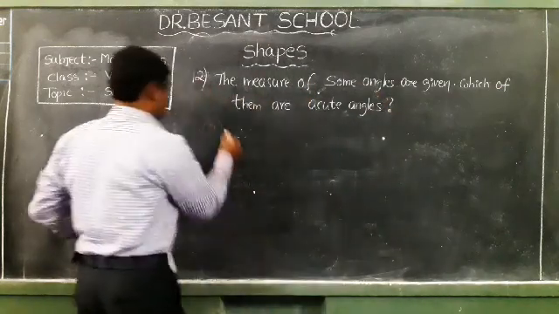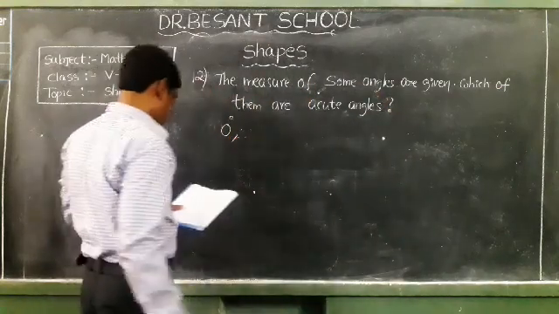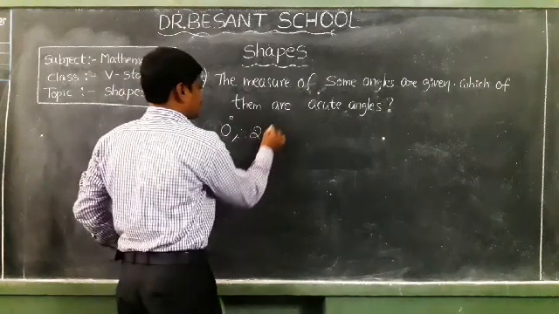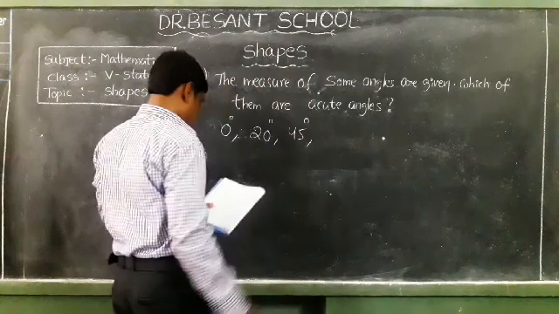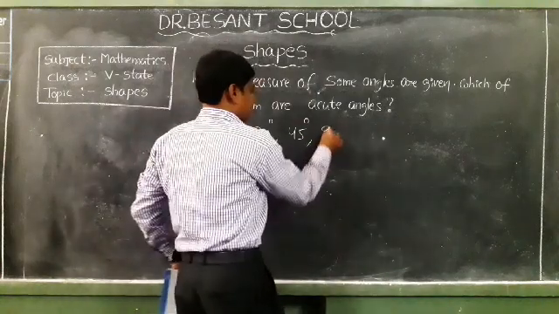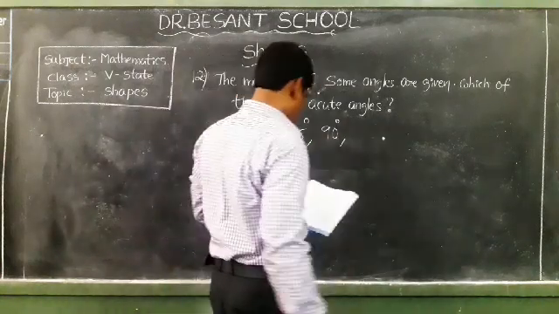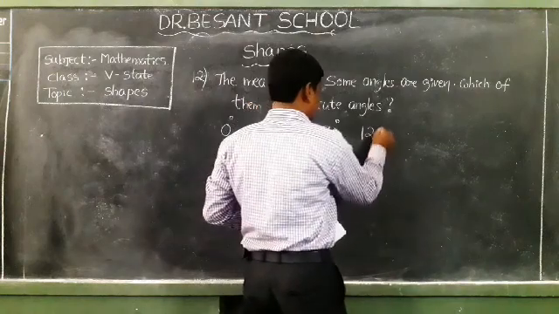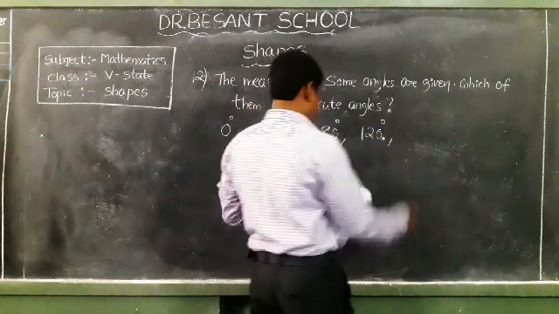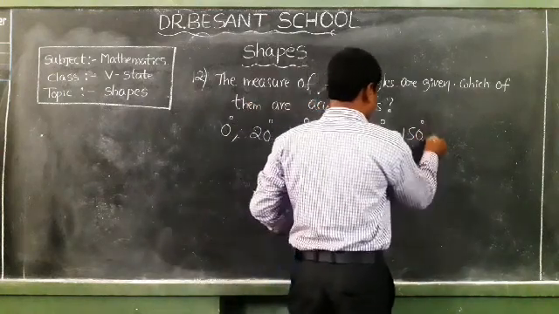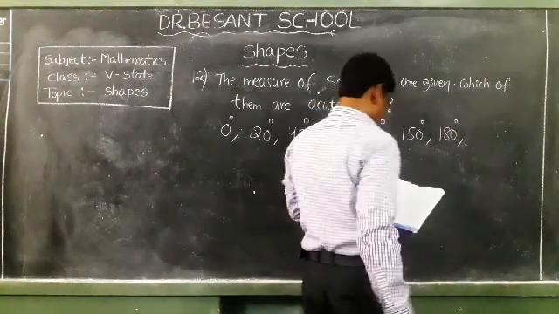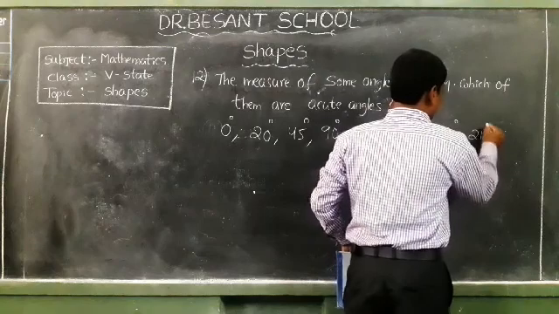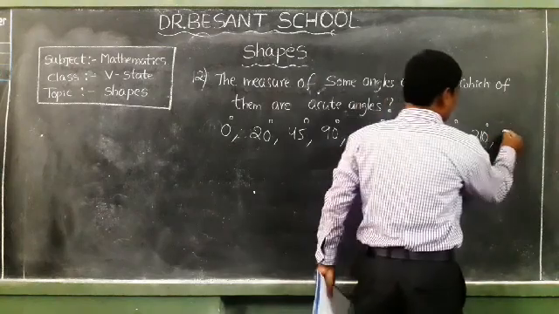Angles: 0 degrees, 20 degrees, 45 degrees, 90 degrees, 120 degrees, 150 degrees, 180 degrees, 210 degrees, 270 degrees.